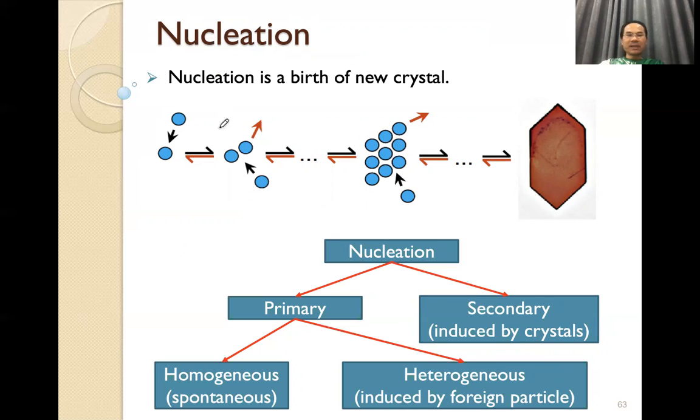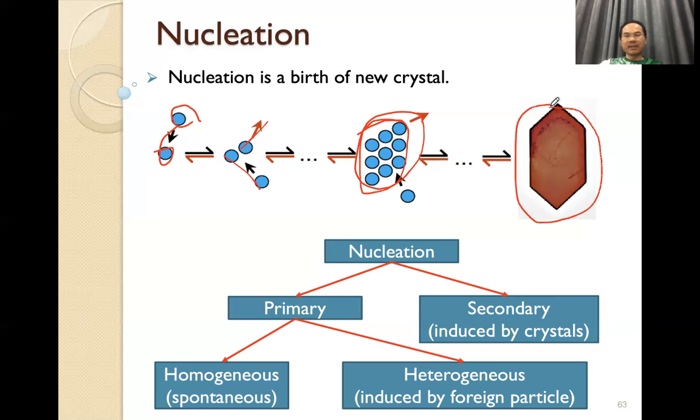As I show you in this slide, this is the molecule. At the start of the crystallization, some molecules move to contact each other, and some move out, until they reach the critical cluster. A lot of molecules aggregate together until they reach the solid form.